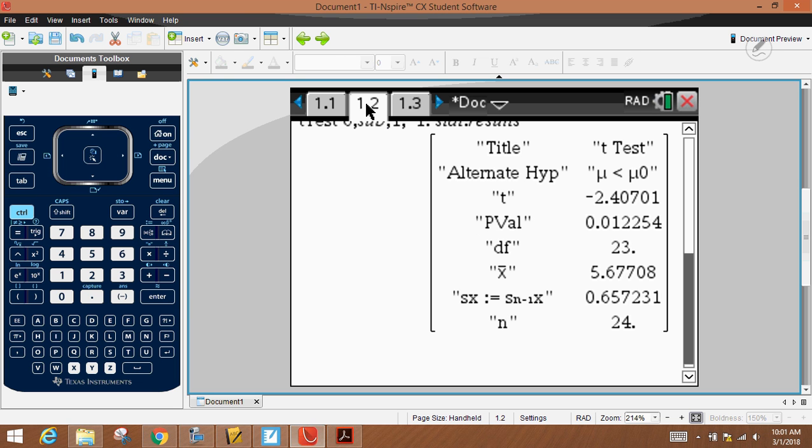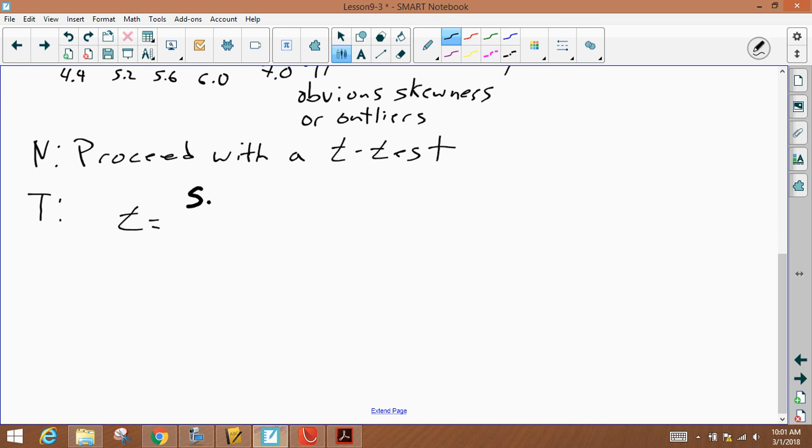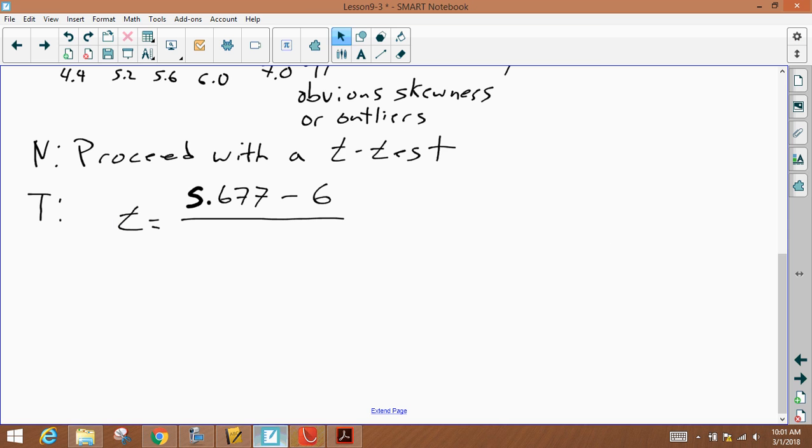5.677 minus 6 divided by the standard deviation of our sample, which is 0.657, divided by the square root of 24.